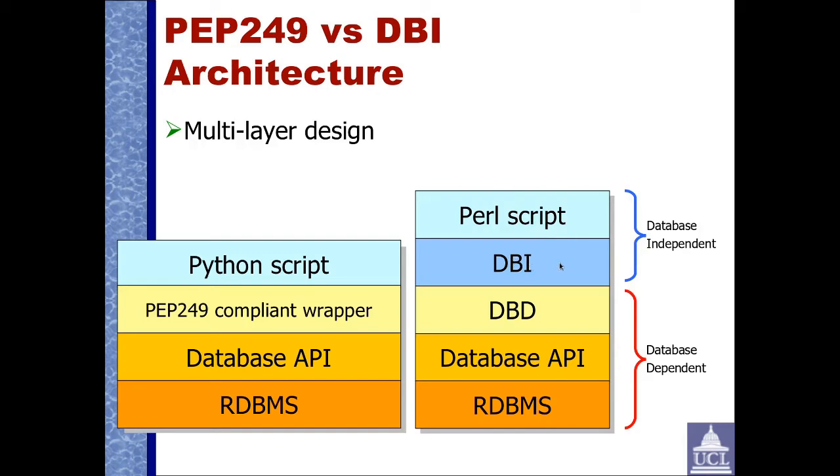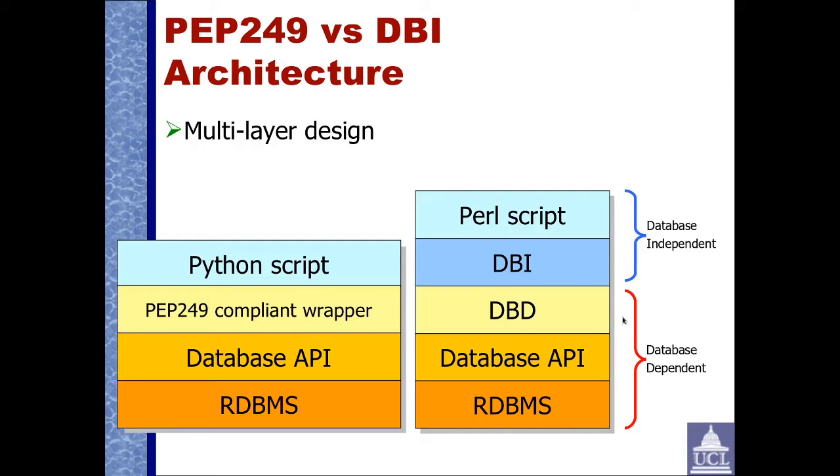And there is only one DBI layer, which means that you are guaranteed that you have a fully compliant DBI interface. That then sits on top of DBD, the database API itself, and the relational database. So here, this part is database independent, this part is database dependent.